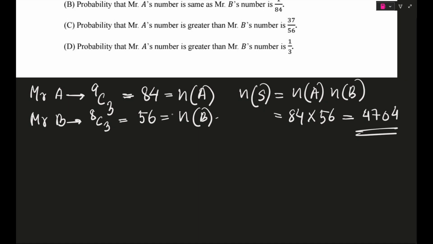As per the condition of the question, we have to find the probability that Mr. A's number is greater. Now we are talking about a three-digit number here, right? The three digits being selected by Mr. A, such that the number is greater.